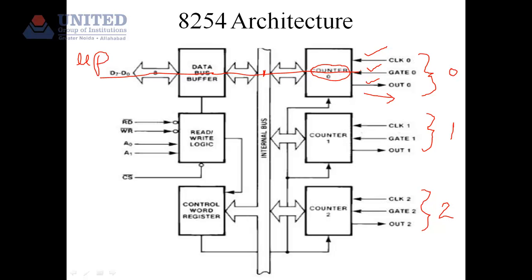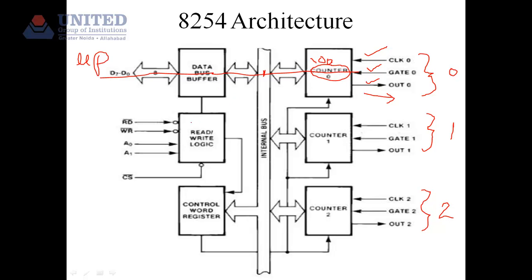Why does it reach the counter? Because from this data bus we will get from the microprocessor the value of the count. Suppose we have to count back from 100 to 0, so this numerical value 100 will come to the data bus and will be stored there in counter 0, and once the gate pulse is received, it will start back counting from 100, 99, 98 and so on.